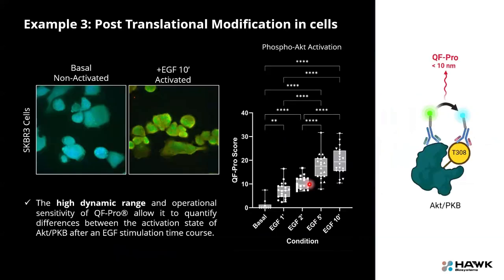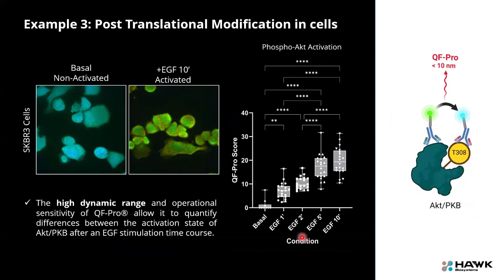And a final example is in the post-translational modification domain. In this case, we wanted to study the activation state of AKT or PKB. This way, we label the whole protein with one primary antibody and then another antibody for the residue threonine 308.